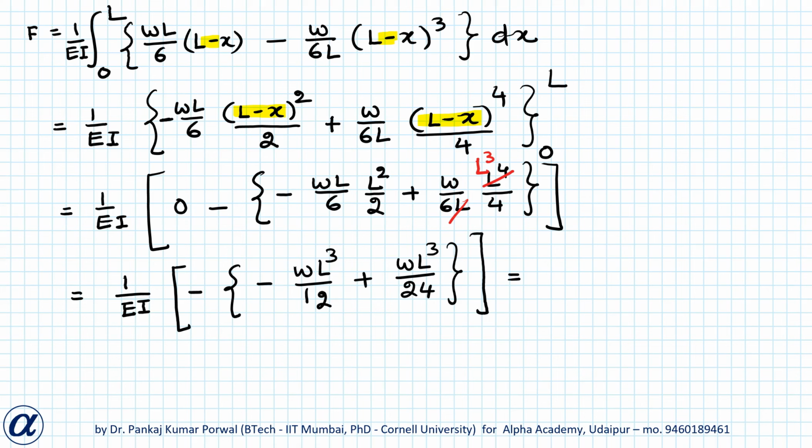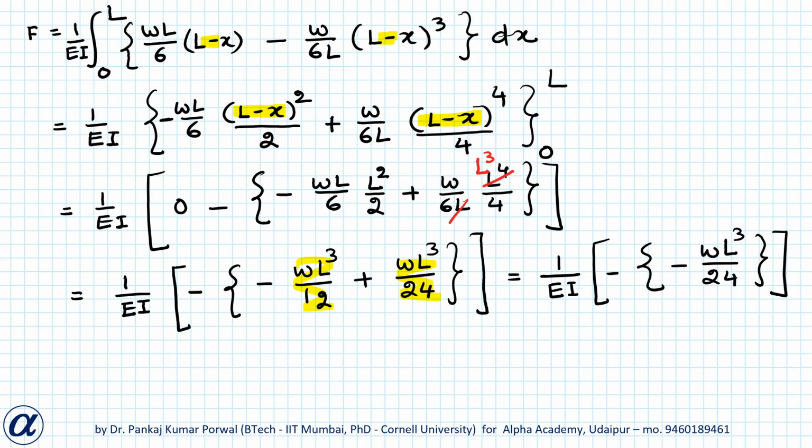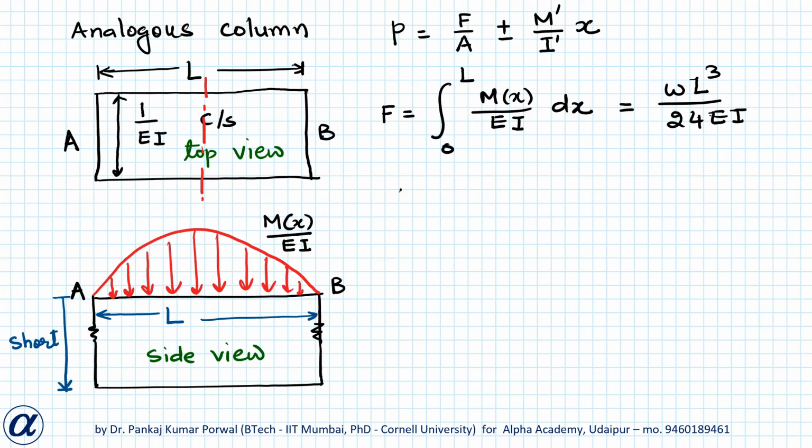This becomes 1 upon EI minus, and these two terms will add up to give minus WL cube by 24, and here this minus minus will become plus. So this gives me F equals WL cube divided by 24 EI. Area of the cross section, that is straightforward, that will be L into 1 upon EI, that is L by EI. Next I'll write I dash.